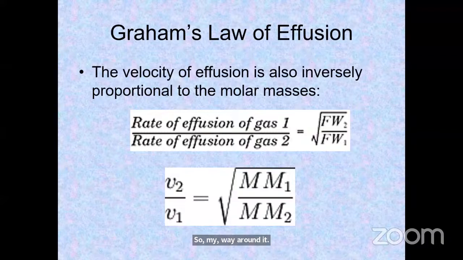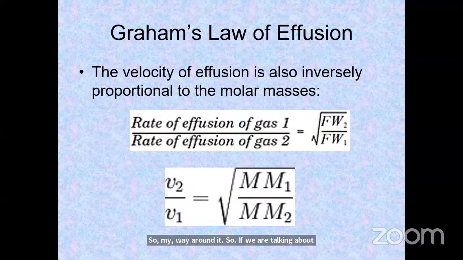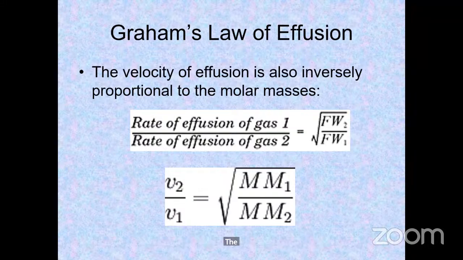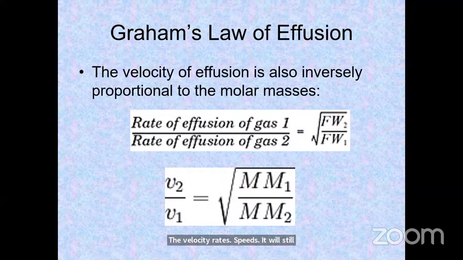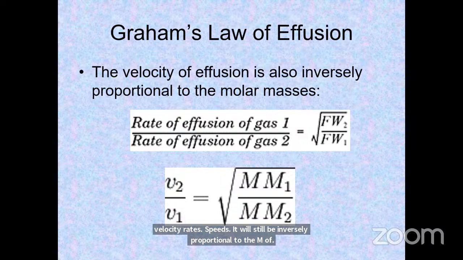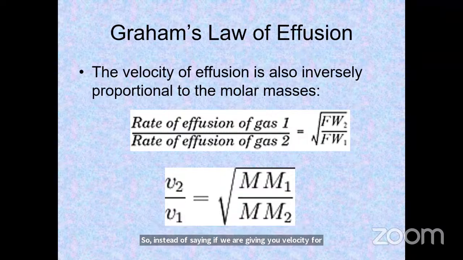So if we are talking about velocity, rate, speed, it will still be inversely proportional to the molar mass. If you are given the velocity, for instance, you don't need to worry that we are not giving the rate, because there is still a similarity in the formula.